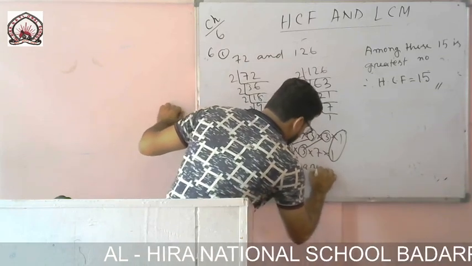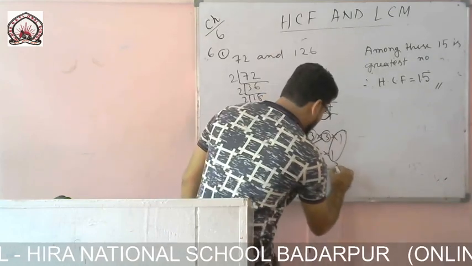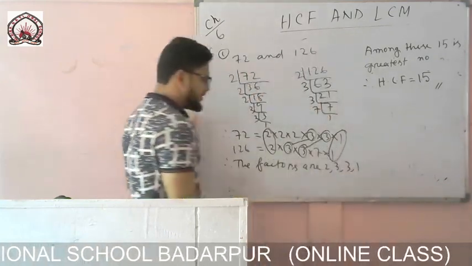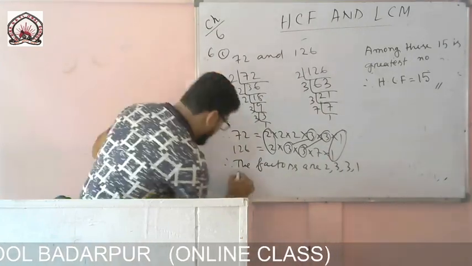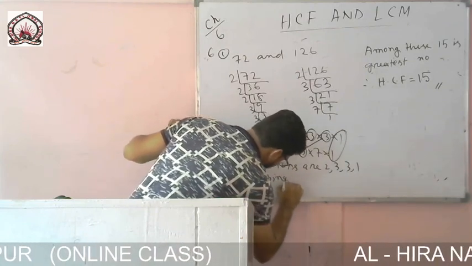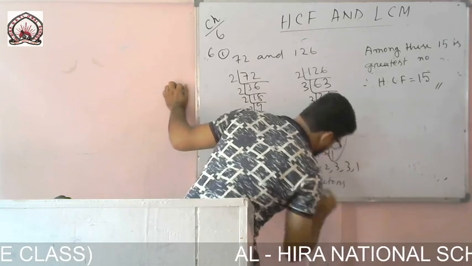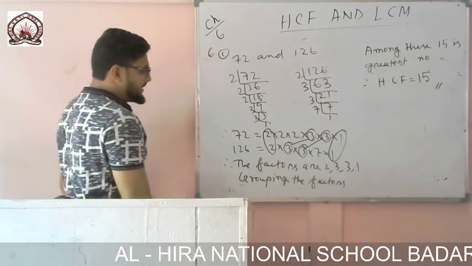the factors are what? 2 we got, 1 2, then 3, then again 3, then 1. Okay, now you group the factors. Grouping the factors.